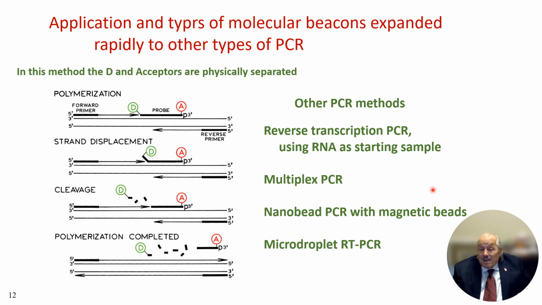There's reverse transcription PCR, where we're using RNA as a starting material rather than DNA. These are done in multiplex reactions, and these are even done in microdots, where you have microdots of an aqueous fluid flowing in a non-aqueous fluid media, and you have individual PCR reactions going on in each of these microdots.